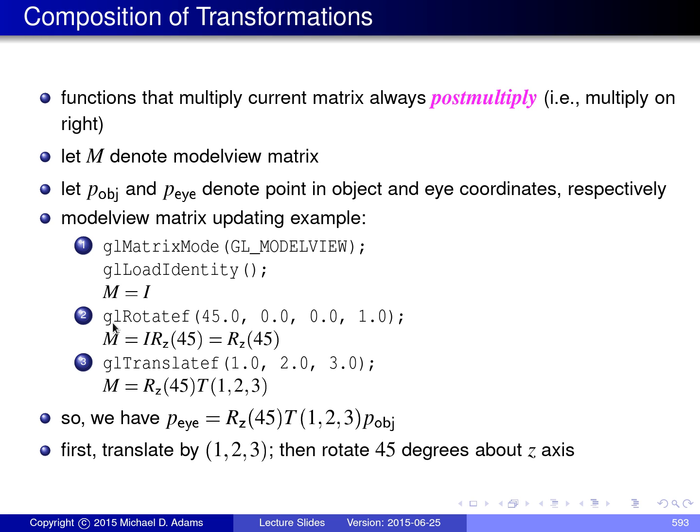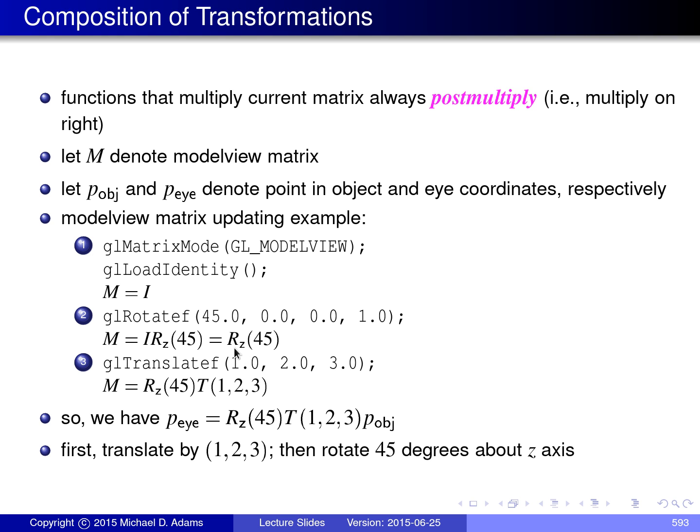Then suppose we call glRotatef next. This multiplies the current matrix on the right, in other words, post-multiplies, by a rotation matrix, and the rotation matrix is a rotation of 45 degrees about the axis of rotation corresponding to the vector (0, 0, 1). It's a vector parallel to the z-axis, pointing in the positive z direction.